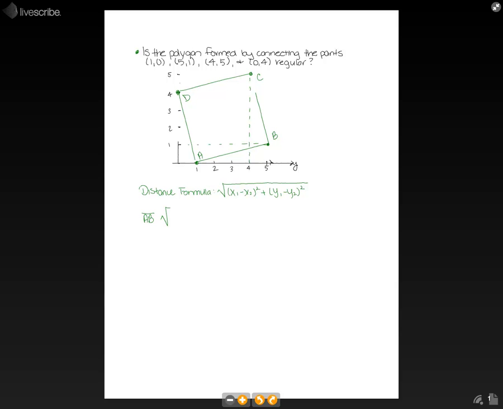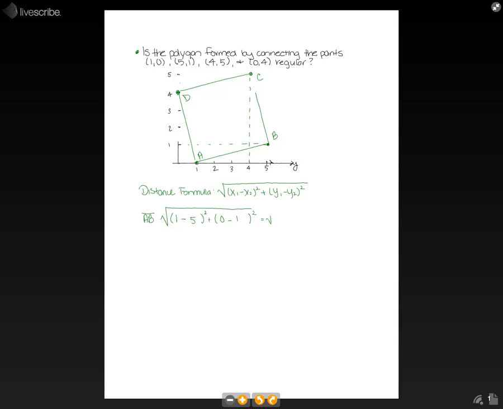If we draw our formula out, we know it's going to be (x1 minus x2) squared plus (y1 minus y2) squared. Let's say A is x1, y1, so x1 is 1, and then B is x2, y2, so minus 5, and y1 is 0 minus y2, which is 1.